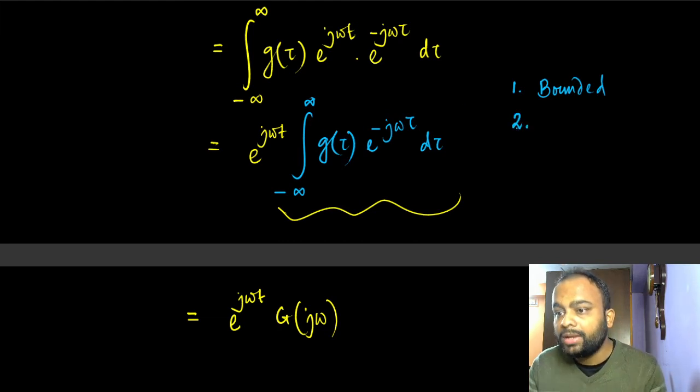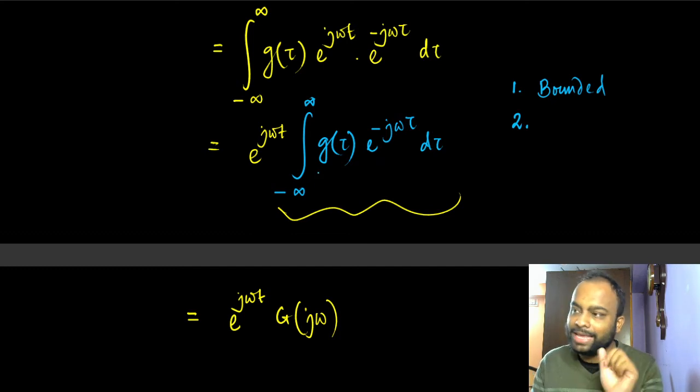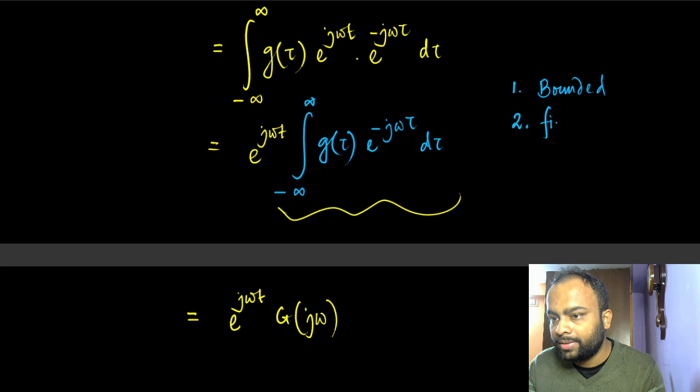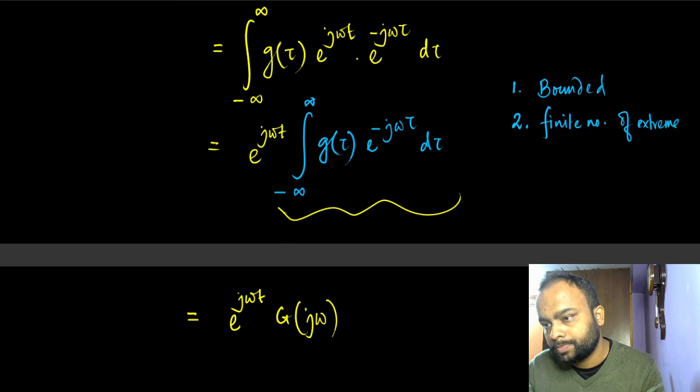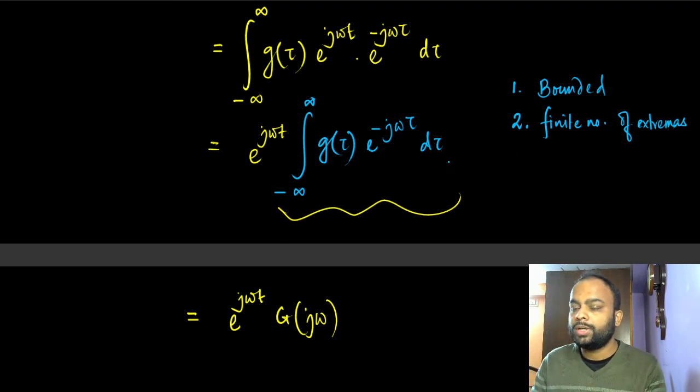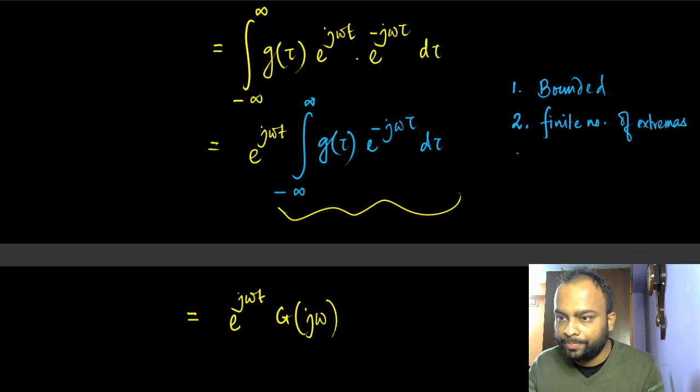Then this signal should have a finite number of extremas in any given interval. So this signal should have a finite number of maxima and minima, those are extremas, in any given span.